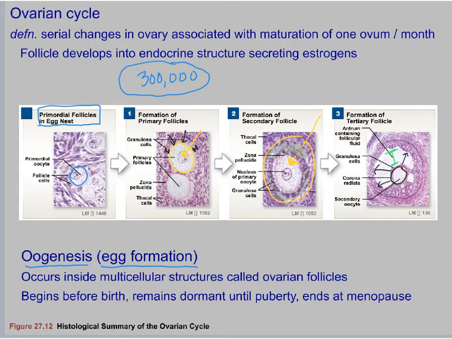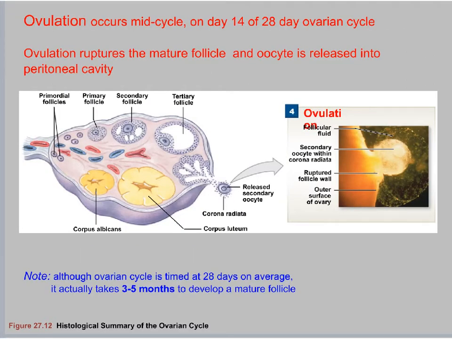So you see that gradual maturation of the oocyte inside of those follicles in preparation for ovulation. Here's the drawing that your authors provide. So here are the egg nests, those primordial follicles, and then this is the primary follicle, and here's a secondary follicle.